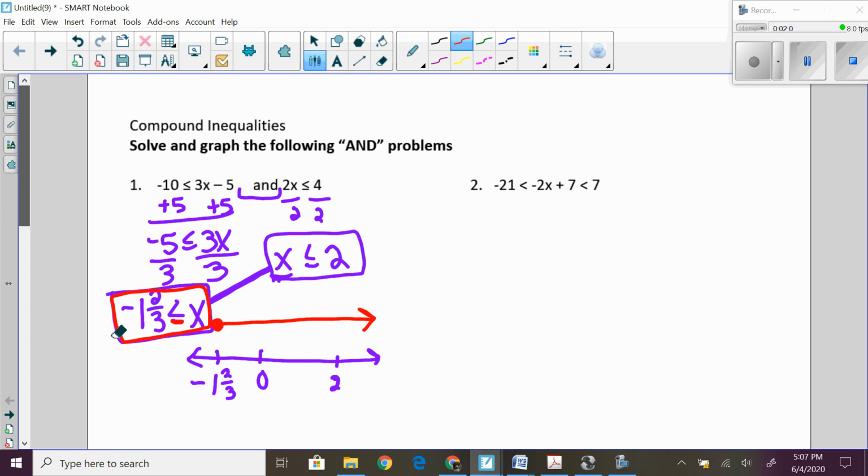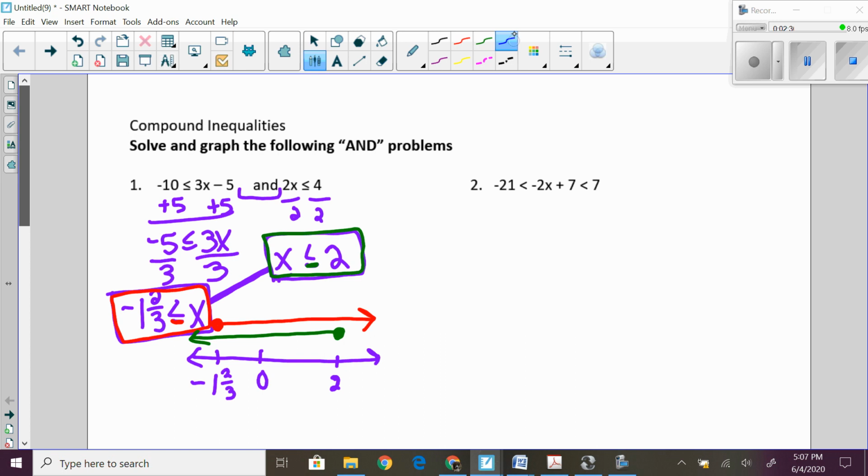Or you could read it the other way and say that x is bigger than negative 1 2/3. Now let's graph this inequality that says x is less than or equal to 2. Again, because it says equal to, we have a closed point, and x is smaller than 2. So x is these numbers.